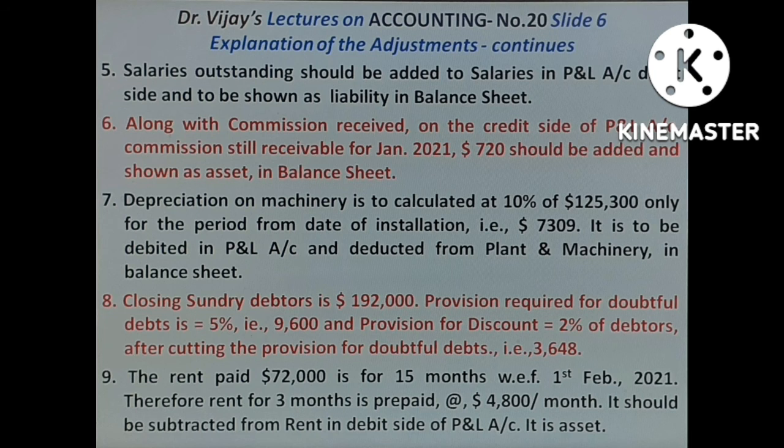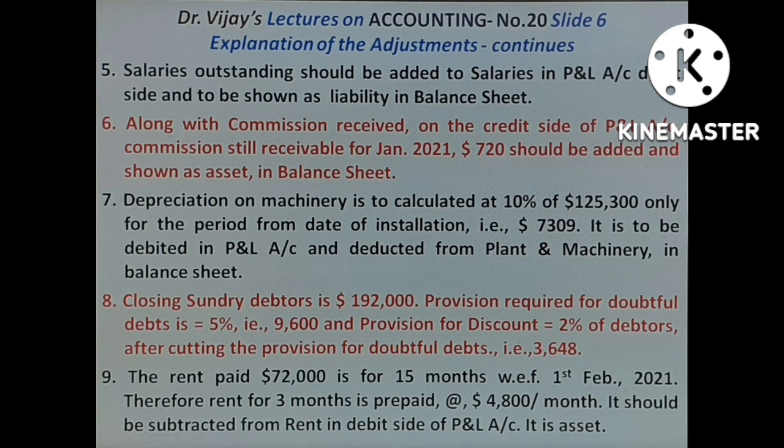So new provision for doubtful debts is 9,600 and new provision for discount on debtors is 3,648. Regarding how it is to be shown in balance sheet, look at the trial balance. There is no bad debts. There is old provision. The formula to be applied is new provision plus bad debts minus old provision. Here there is no bad debts. So simply new provision minus old provision. New provision is 9,600.